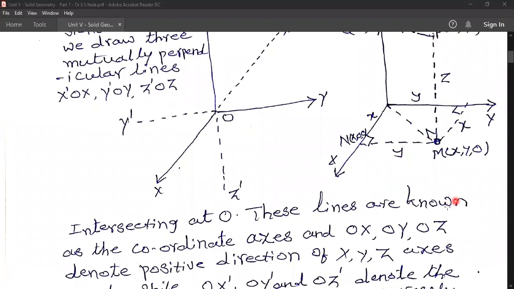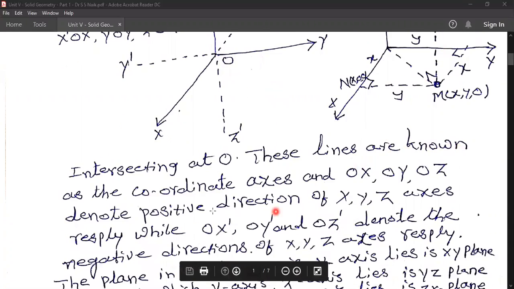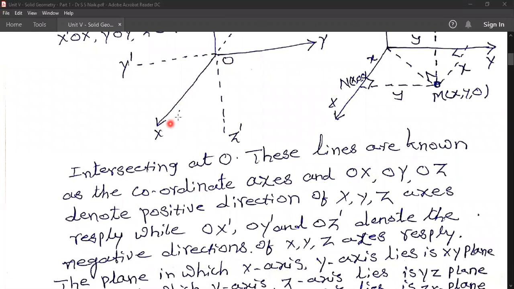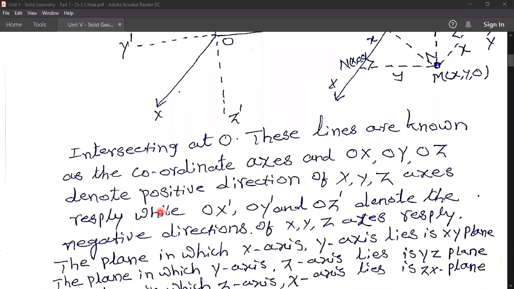These three mutually perpendicular lines are known as the coordinate axes. OX, OY, and OZ denote the positive directions of the X, Y, Z axes respectively, while OX', OY', and OZ' denote the negative directions.